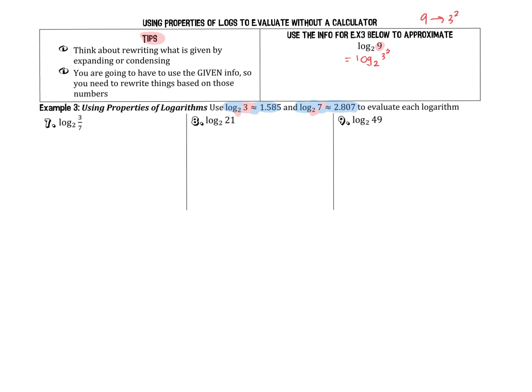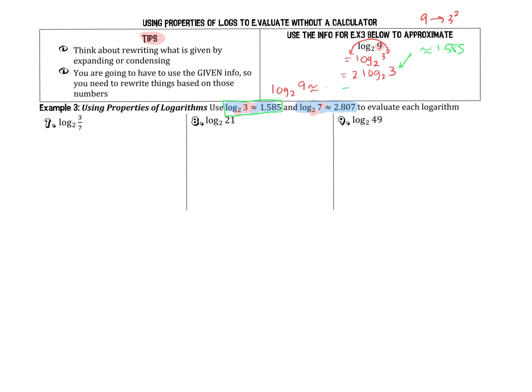And what are we allowed to do with this 2? We're allowed to plop it in front. And why is this helpful? This is helpful because we know that log base 2 of 3 is approximately 1.585. What that means is I can go back to what I was originally being asked, log base 2 of 9.